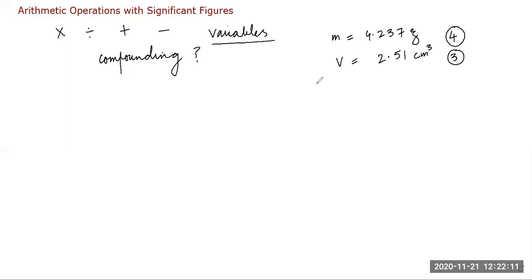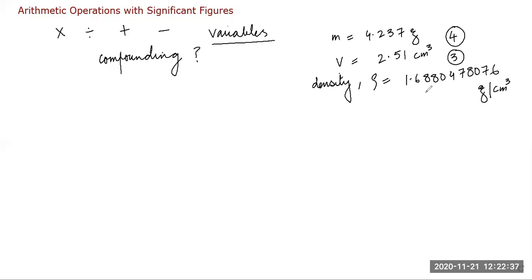When we calculate density, that is rho is equal to mass by volume, we will get the answer as 1.6880478087 gram per centimeter cube.